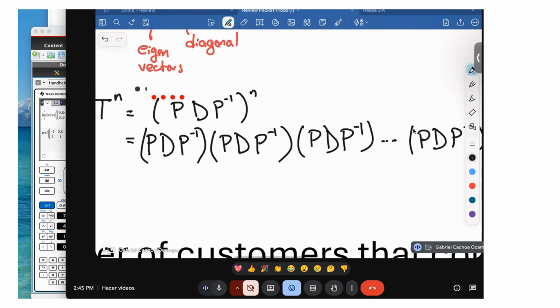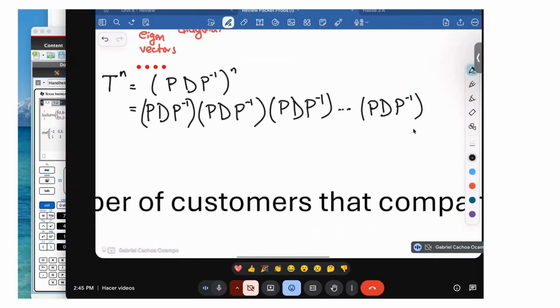Okay, and look, something marvelous happens. Because here I am multiplying P inverse with P, and here, and here, and here. So the only things that survive are the D's, the first P, and the last P. So an expression for T^n is the same as P D^n P inverse.